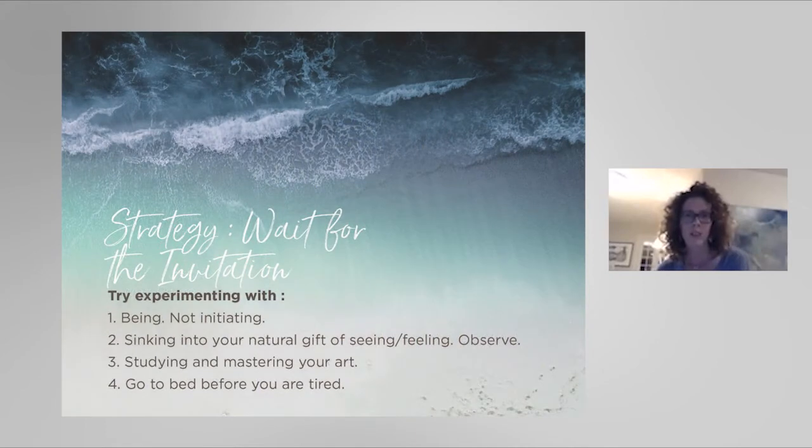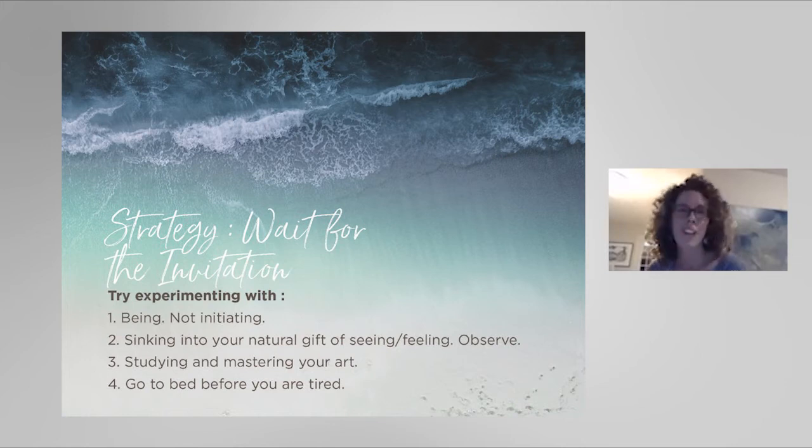So here are a few things I invite you to experiment with. The practice of just being and not initiating. Sinking into your natural gift for seeing and feeling and observing, just enjoying that, not necessarily having to share it, and not necessarily needing other people to understand what you understand.